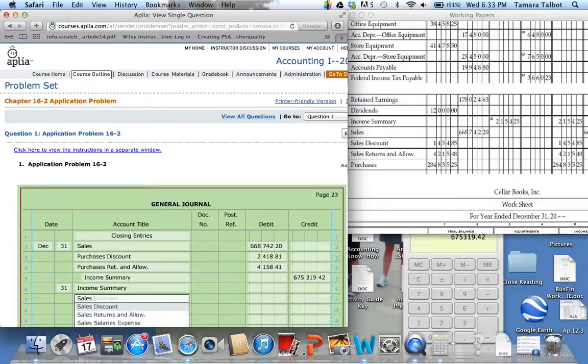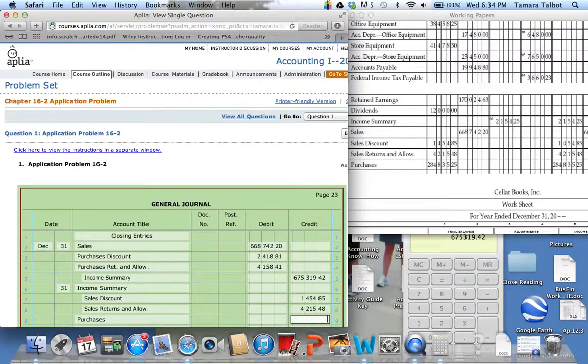So the first one is sales discount. It is a credit of $1,454.85, and then we have sales returns and allowance for $4,215.48.